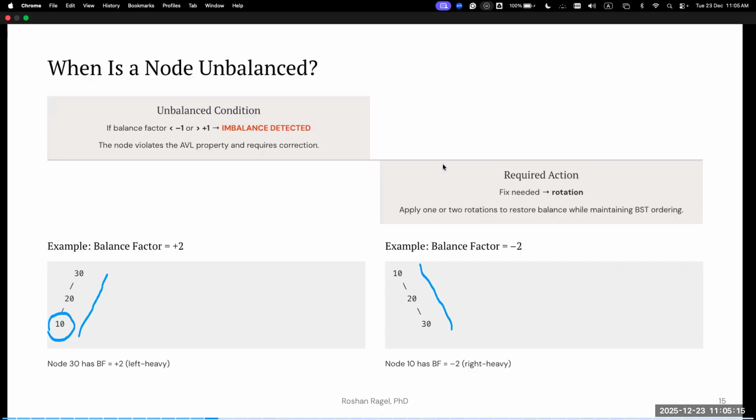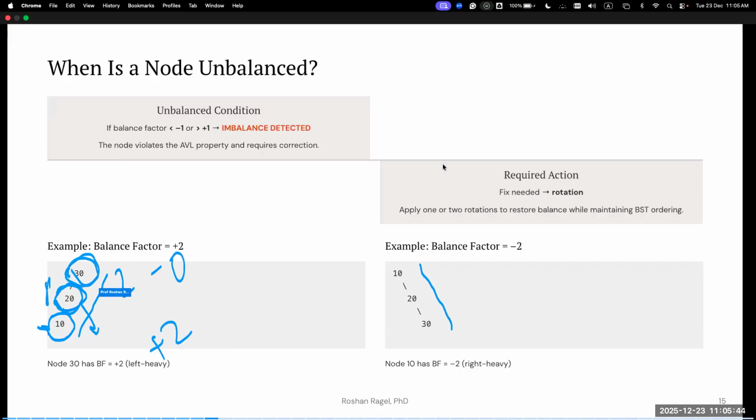If you take this one, this one is 0, this one is -1, and therefore this one is 0 minus -1, so it's 1. So the balance factor is 1. If you take this node, on this side we have 2 and on the other side we have 0. So 0 minus 2 is -2, or plus 2.